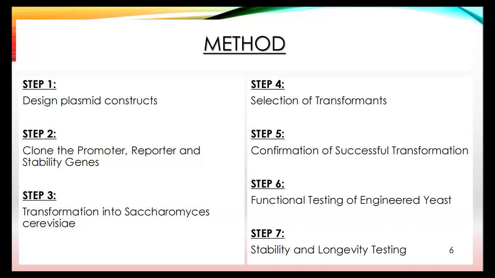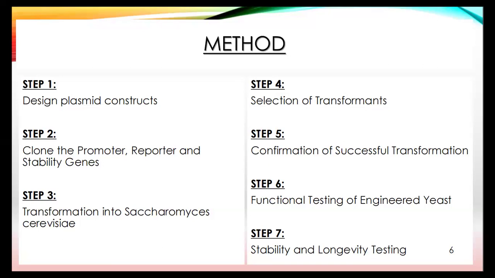Step 3, we are going to do transformation into Saccharomyces cerevisiae, where we grow our yeast to maximum growth, mix plasmid DNA with yeast, and incubate with lithium acetate. We design it so that our promoter genes are upstream of reporter genes.